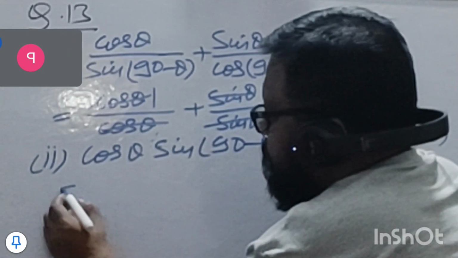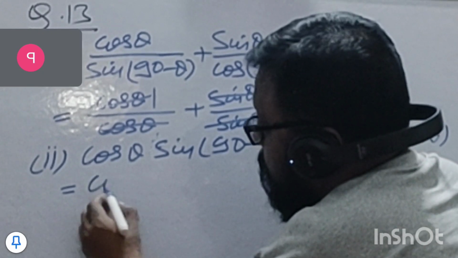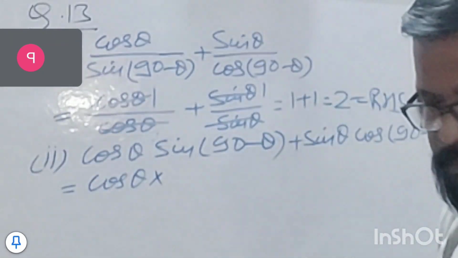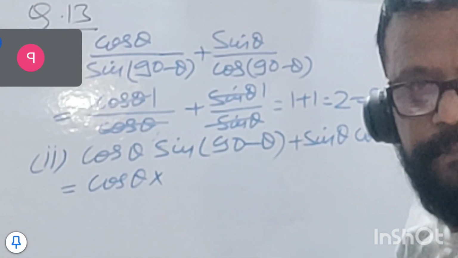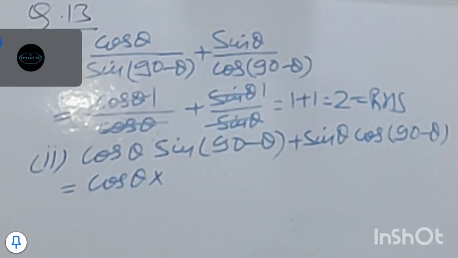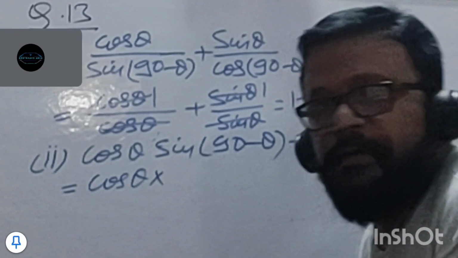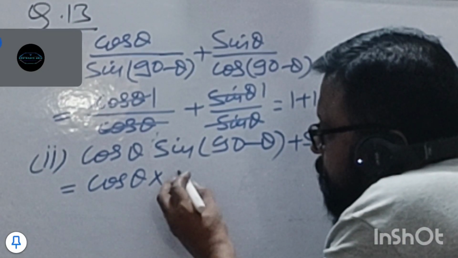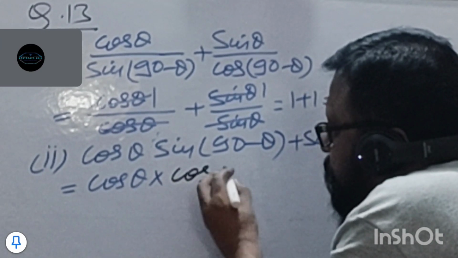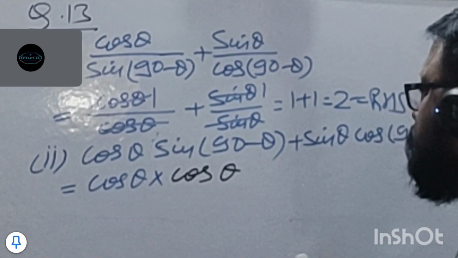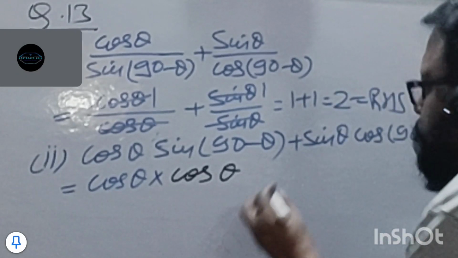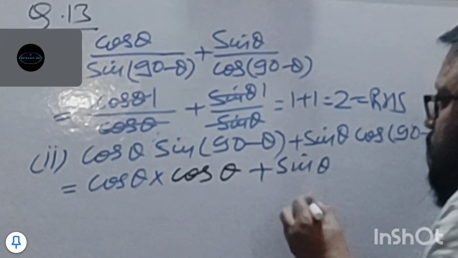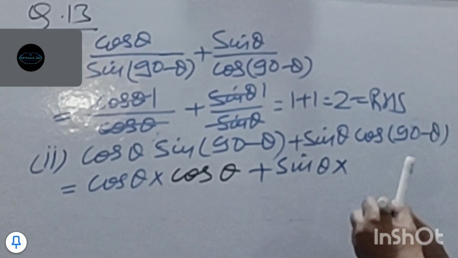Now sine 90 minus theta becomes cos theta, so it becomes cos theta times cos theta, plus sine theta, and cos 90 minus theta becomes sine theta.